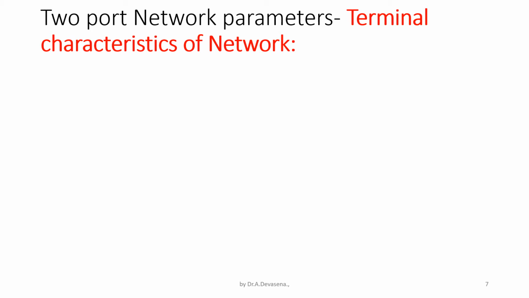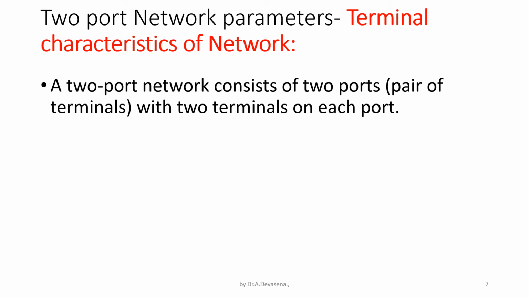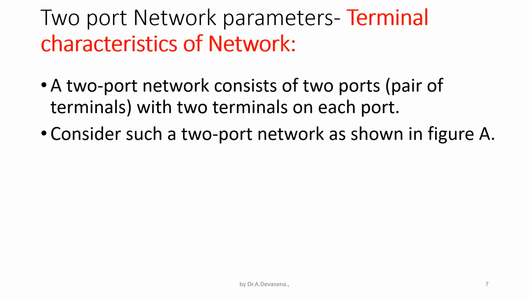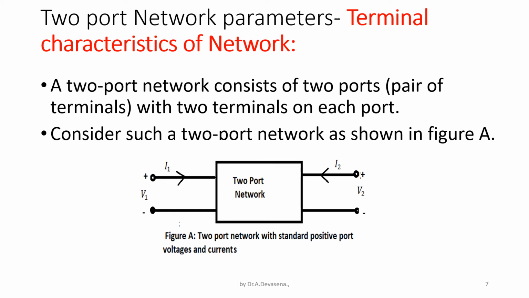Two-port network parameters, that is, terminal characteristics of a network. A two-port network consists of two ports, that is, pairs of terminals with two terminals on each port. Consider such a two-port network as shown in figure A. This is the representation of a two-port network with standard positive port voltages and currents.